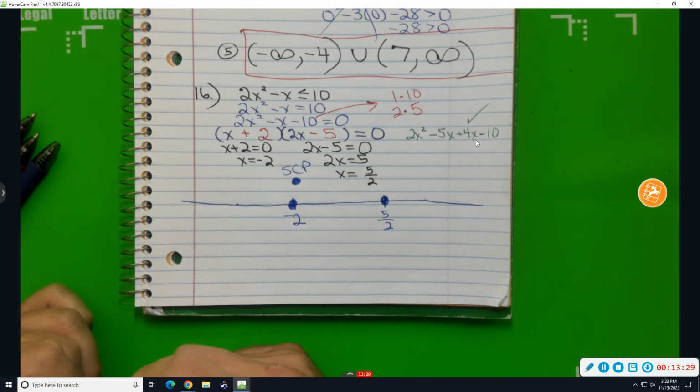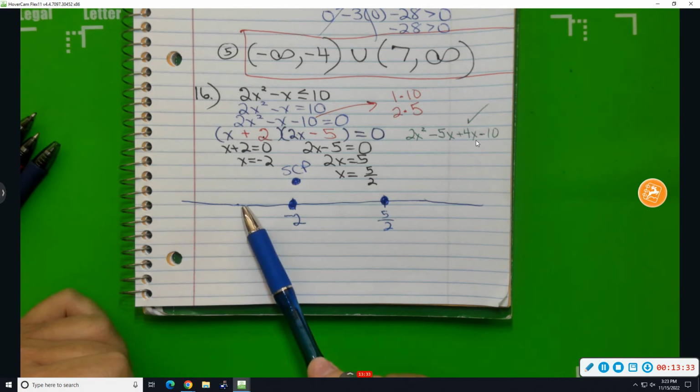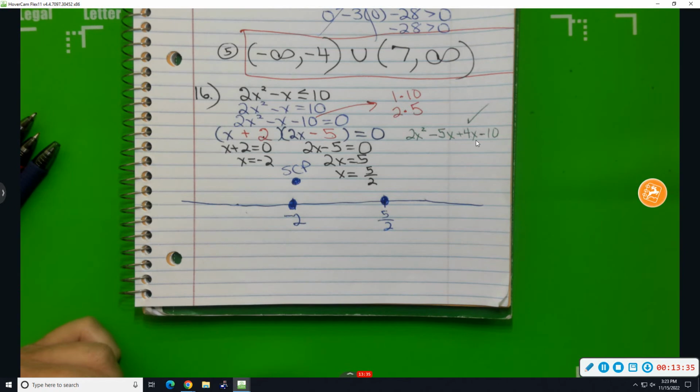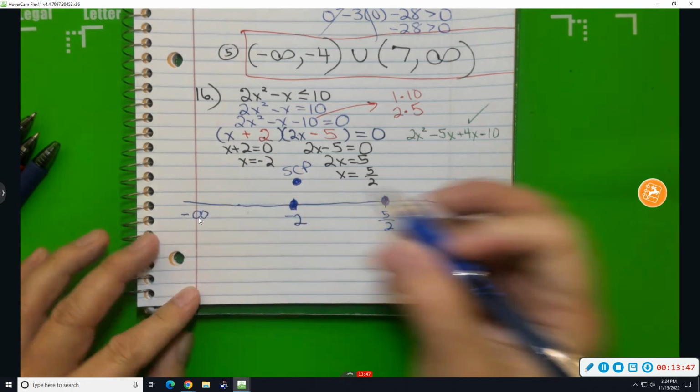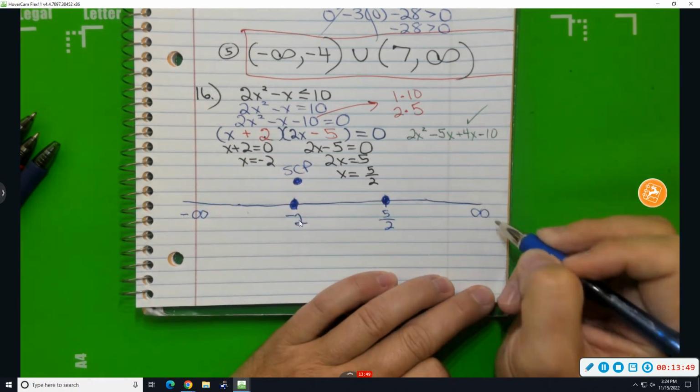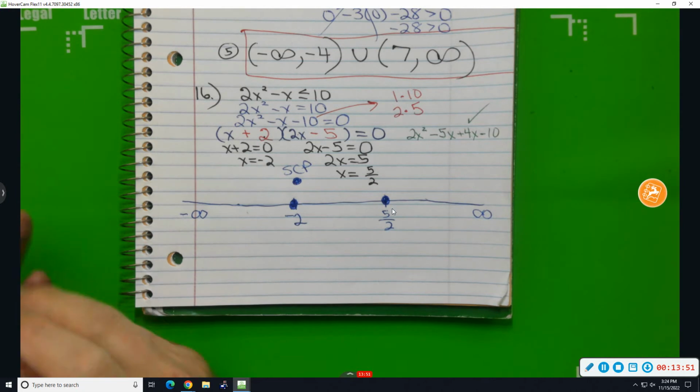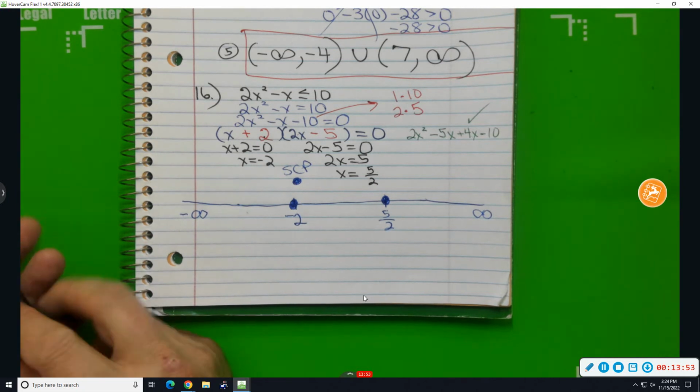I'm going to test 0. Where is 0 located? Interval 1, 2, or 3? Label it negative infinity here and positive infinity there. 0, is it between 2 negatives? Between a negative and positive? Or between 2 positives?